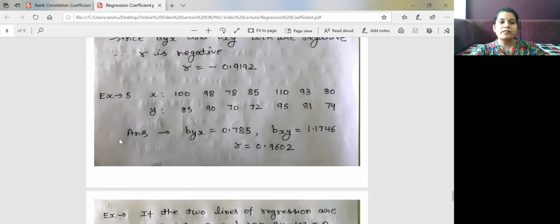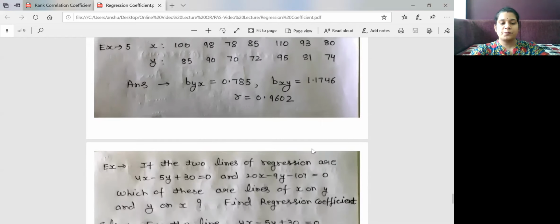Solve this question and we get the value of byx is equal to 0.785 and bxy is equal to 1.1746. So here we find the correlation coefficient. r is equal to 0.9602. See here carefully, both the regression coefficients have a positive sign, so r is positive.